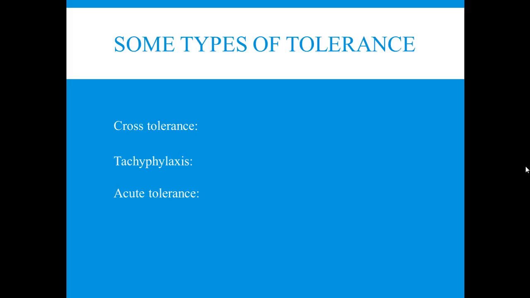So again, with acute tolerance, the effects experienced when the blood levels of the drug are rising are different from the effects experienced when the blood levels are falling. Let me give you an example that will hopefully help you understand. Alcohol is a drug whose effects are associated with acute tolerance.